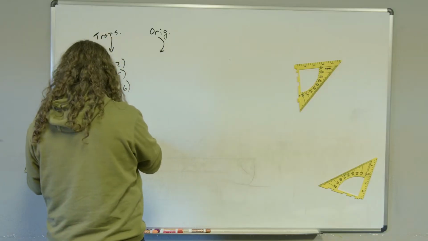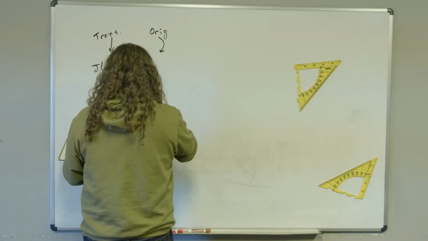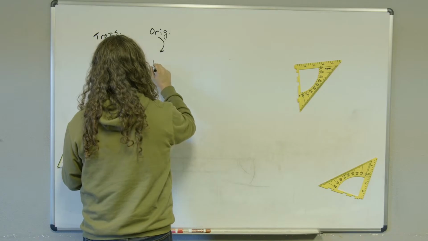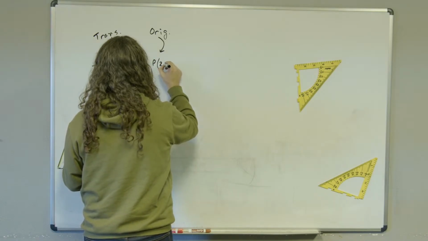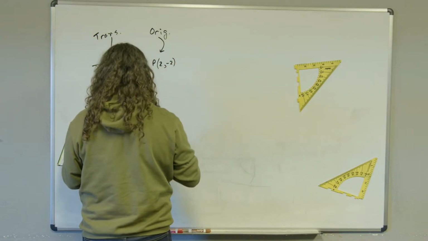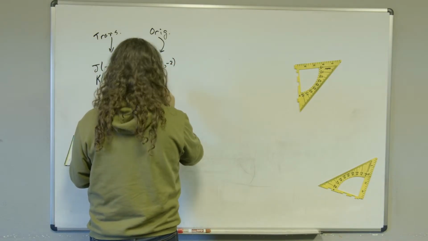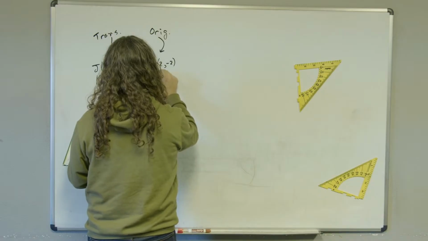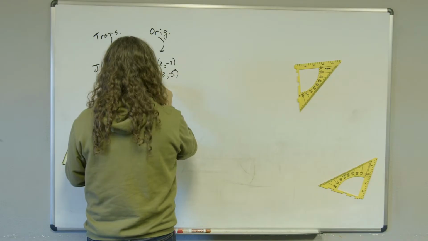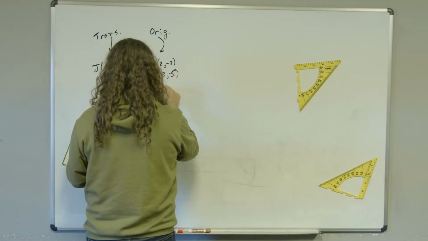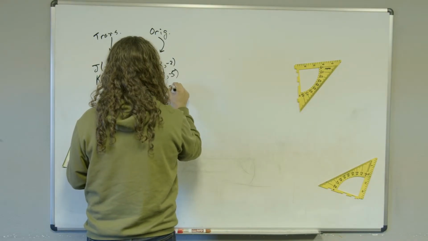so it is a transformation of triangle PQR with vertices at P(2, -2), Q(8, -5), and R(4, -6).